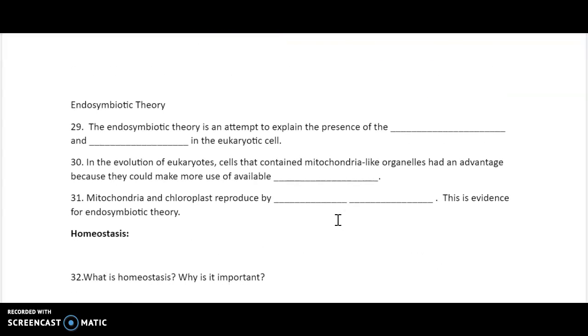The endosymbiotic theory. The endosymbiotic theory is an attempt to explain the presence of chloroplast and mitochondria in eukaryotic cells. So the endosymbiotic theory is talking about the chloroplast and the mitochondria.